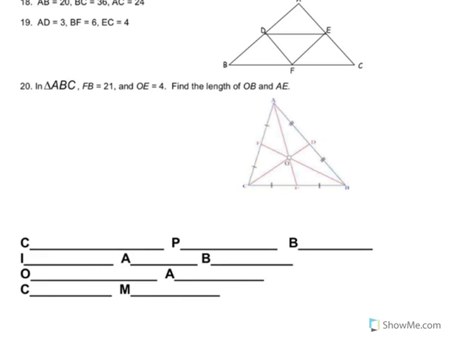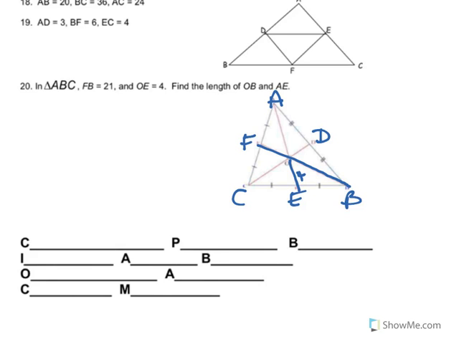Okay, on number 20, let's put these letters so we can read them. This is A, F, D, C, E, B. FB is 21, and OE is 4. We want to find the lengths of OB and AE.